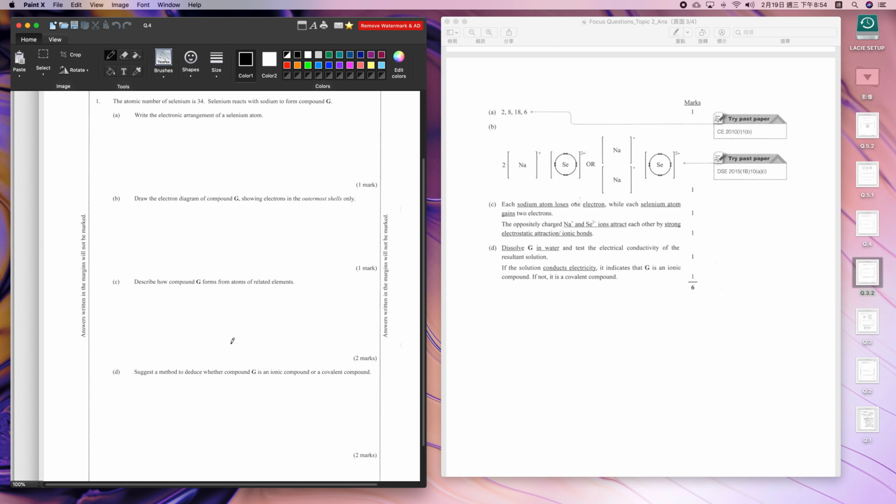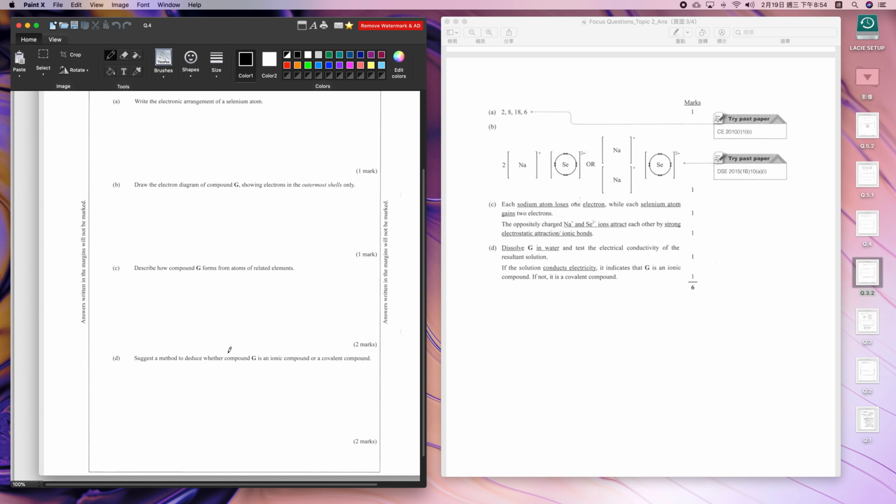That's why, for part D, I would recommend melting the compound G at a very high temperature and measuring the electrical conductivity. Because in the case of a covalent compound, even if you melt it, it cannot conduct electricity because of the absence of mobile ions or free electrons.